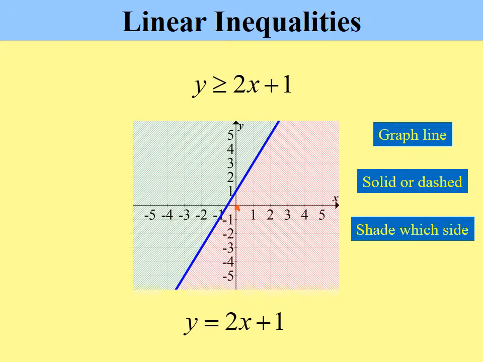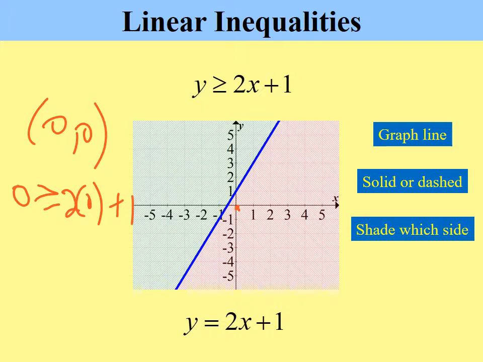For example, that point has coordinates 0, 0. If we use a 0 for x and a 0 for y in the inequality, y is greater than 2x plus 1, that's 2 times 0 plus 1. Is 0 greater than 1?